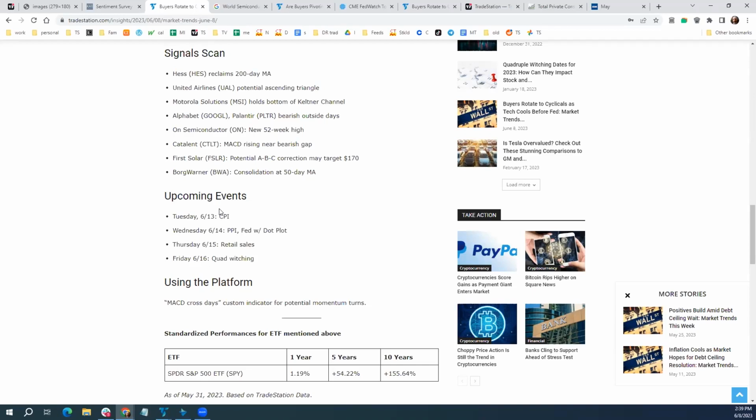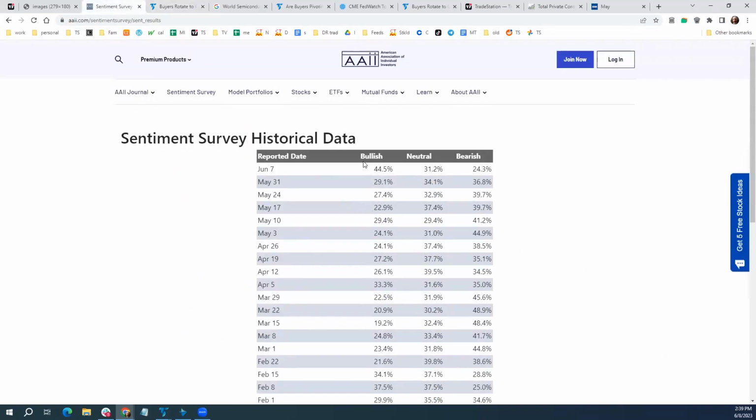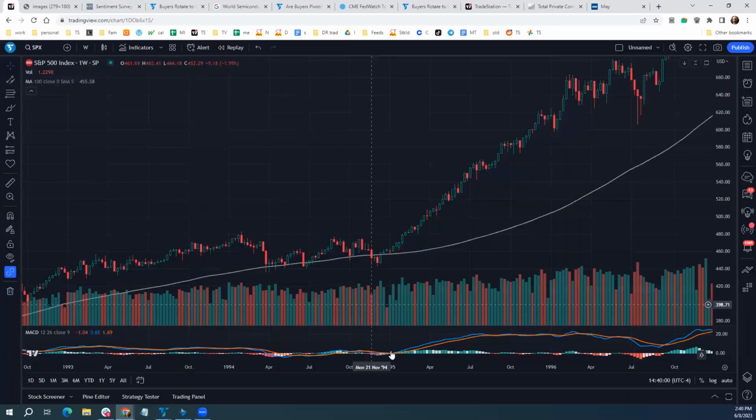At this point, my perspective is the dot plot is going to be non-committal. They're going to sit and watch to see confirmation, and the market will essentially hope for those things to happen, because now this turn in sentiment is a structural change in overall sentiment. With the VIX at this level, this is like the fall of Stalingrad for the bears, as it was for the Germans in World War II.